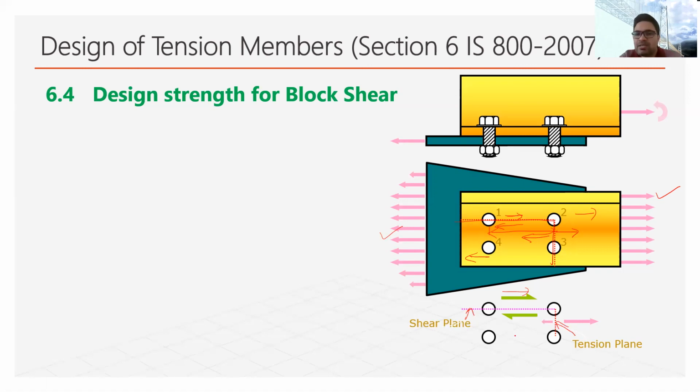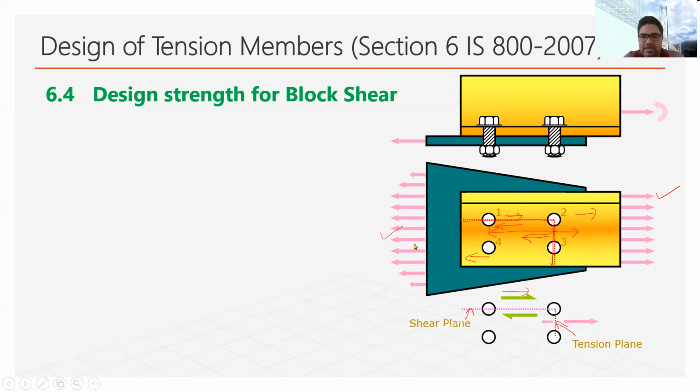So in block shear, two types of effective force are acting at the same time: the shearing effect and the tension plane effect. Whenever we calculate the member strength in block shear, we consider the strength of the member in shear and the strength of the member in tension, because it is subjected to two types of force at the same time.